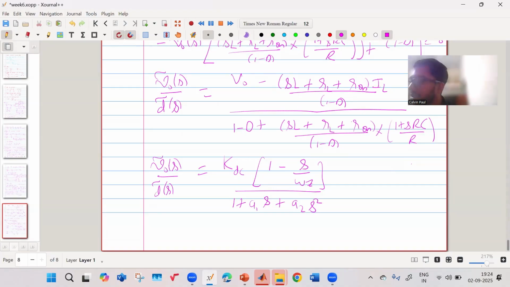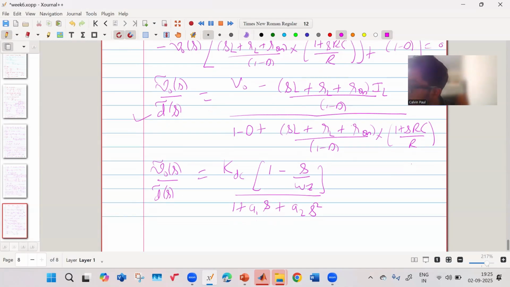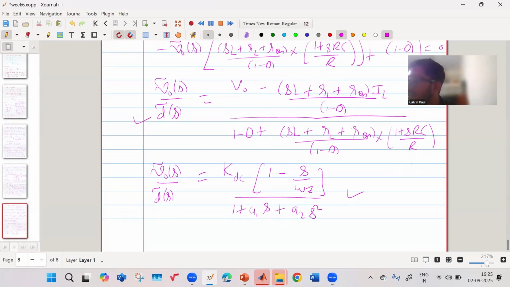You have to write in this format. Then what would you have to do now? See, this is correct. It is not wrong. But you have to get it in this format. So what changes will you have to do?